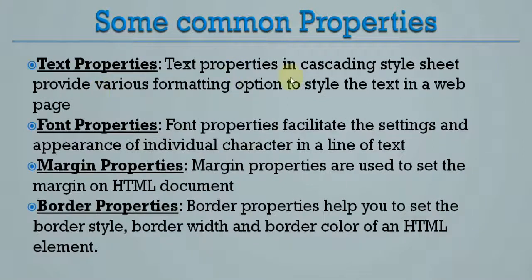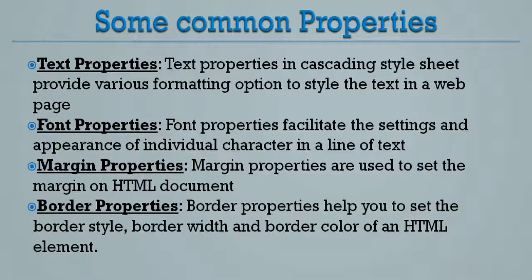Text properties in cascading style sheets provide various formatting options to style the text in our web page. Means text properties give us formatting options to style the text. With the help of the text property you can change the text alignment, you can change the text color, you can decorate your text, you can make a shadow for the text, you can break the line or anything.